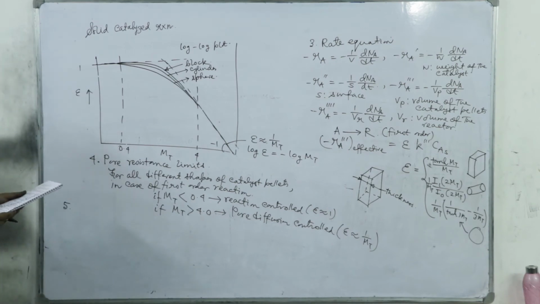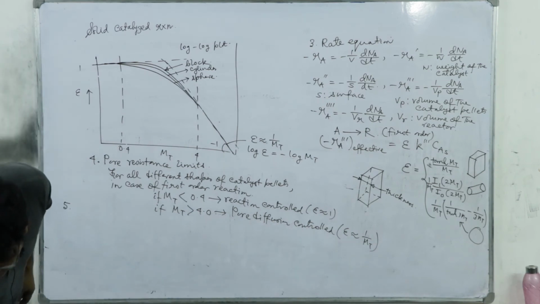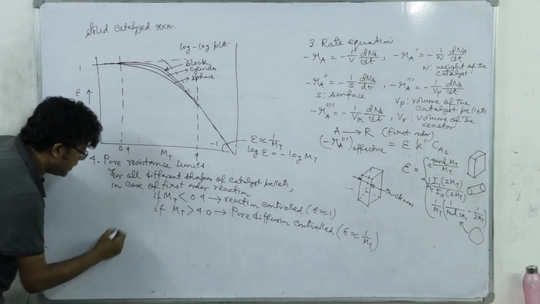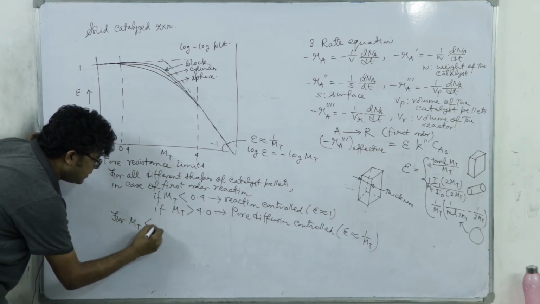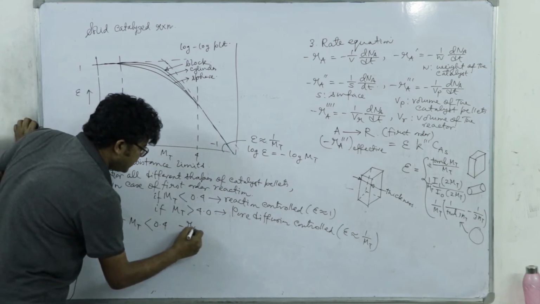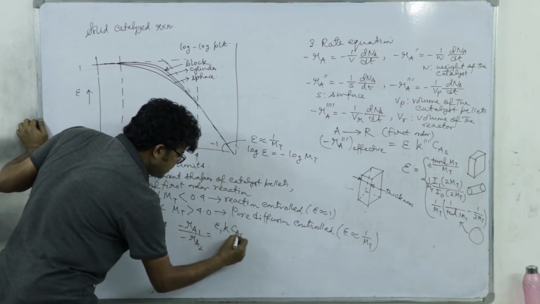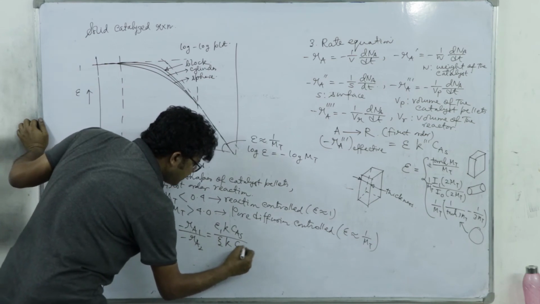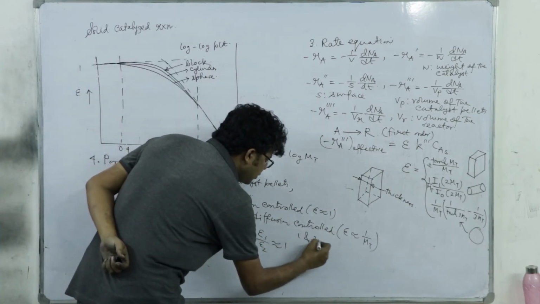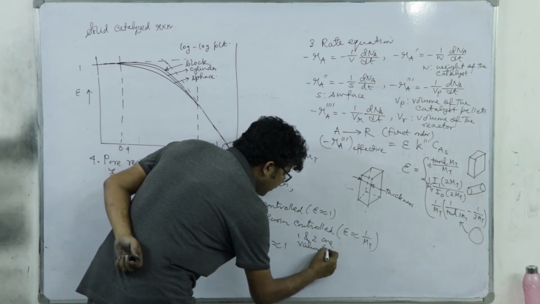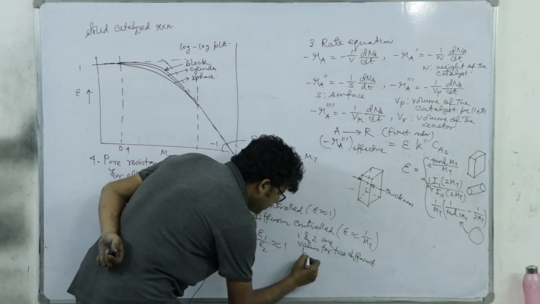Now, inference 5. Now, when it is strongly pore diffusion controlled, for mt less than 0.4, minus Ra1 divided by minus Ra2 is epsilon1 kCs by epsilon2 kCs, that is, epsilon1 by epsilon2, which is close to 1, where 1 and 2 are values for two different particle or pellet sizes.